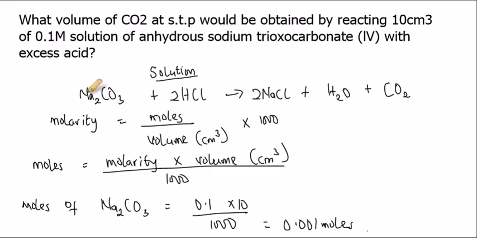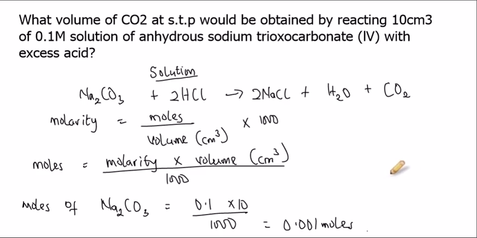That is because the ratio in which they are combining is 1:1. But if the number of moles of CO2 or any other compound is different in the equation above, then we need to go through the steps and show our workings. In this case, we can just conclude that 0.001 moles of carbon dioxide will be produced as well.